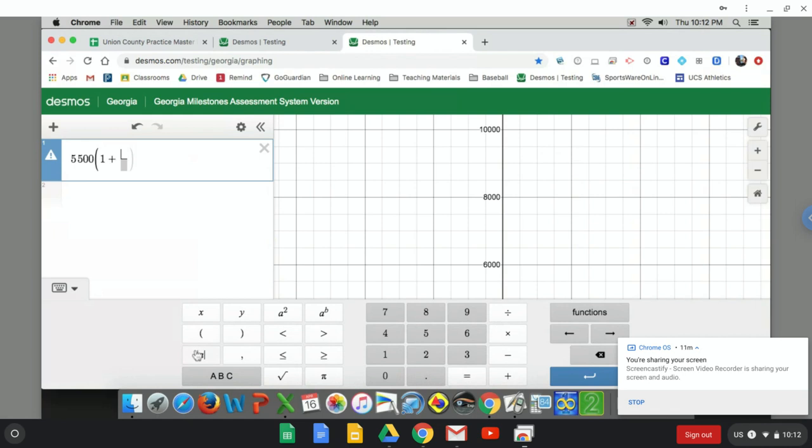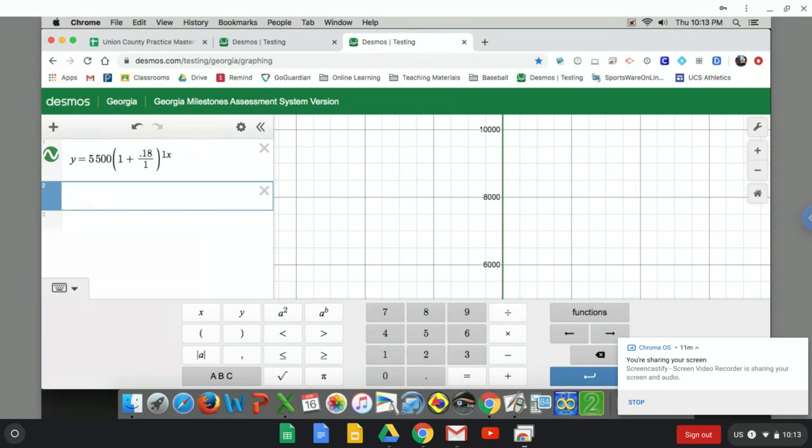You can do that using the keyboard right there, or you can just do it with their keyboard. 0.18 over 1 in parentheses. We're going to raise it to 1x. Now we just have to set it equal to y.